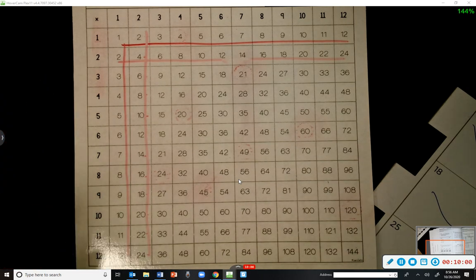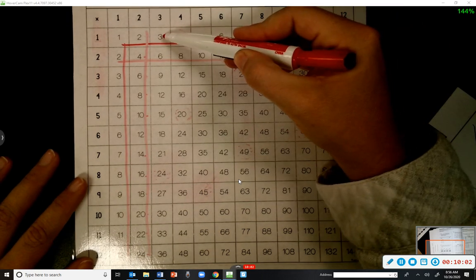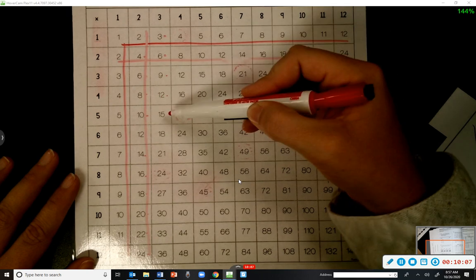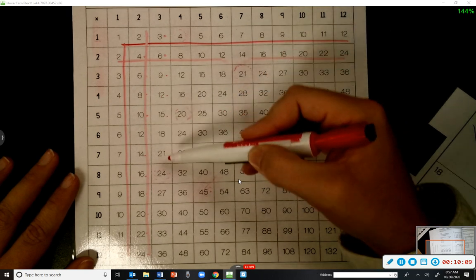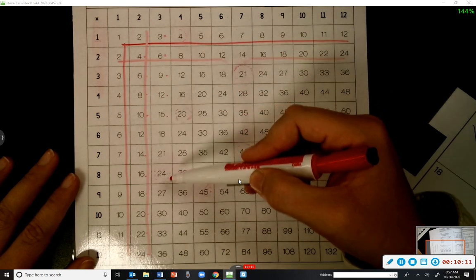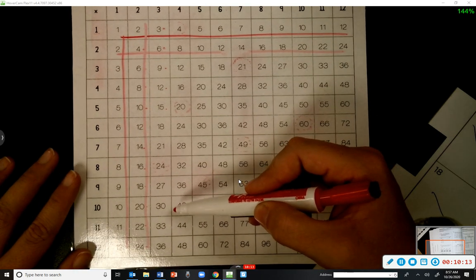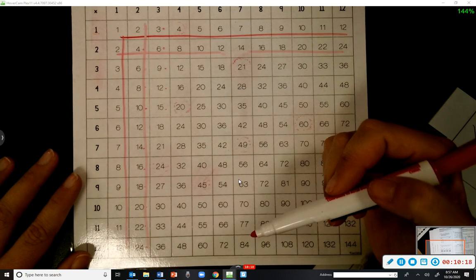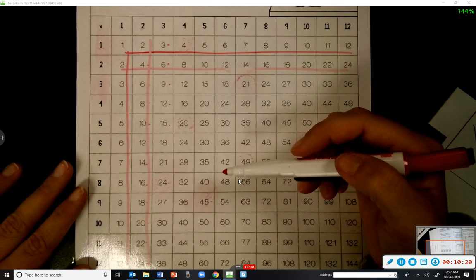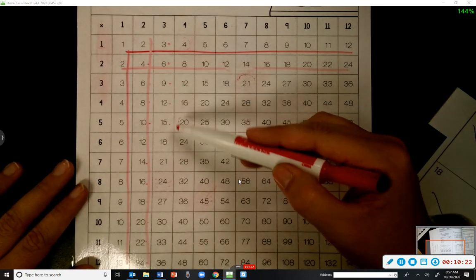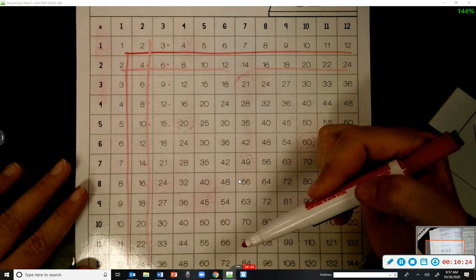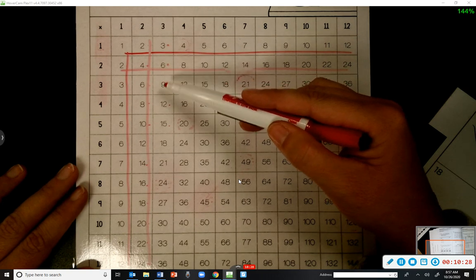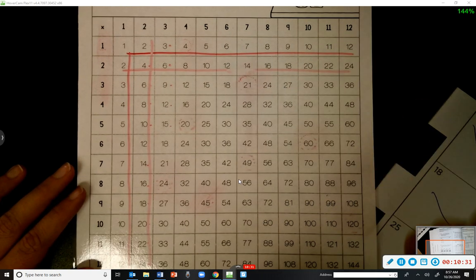Okay, so let's practice together. 3, 6, 9, 12, 15, 18, 21, 24, 27, 30, 33, 36. Y'all need to stay together. Okay, so skip counting by threes is all they're doing. If you don't know how to skip count by 3, then you're just adding 3, right? It's repeating plus 3, plus 3, plus 3.